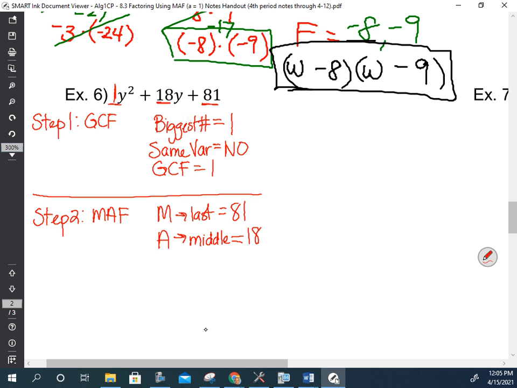We need two numbers that multiply to 81 and add up to 18. F is the two numbers. We need to multiply to 81 and add to 18. So what can we use?